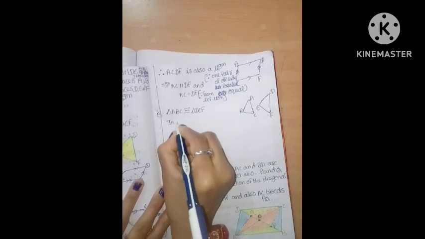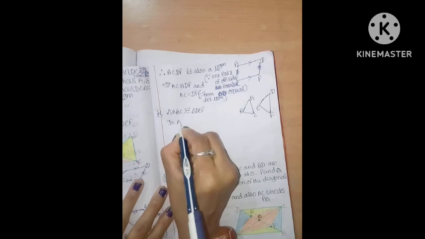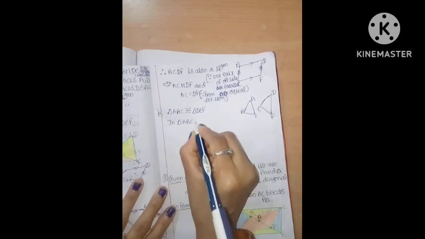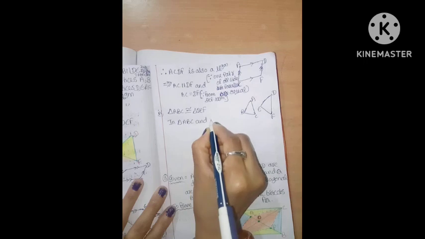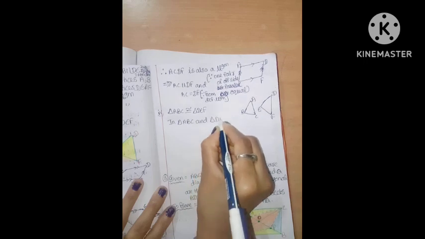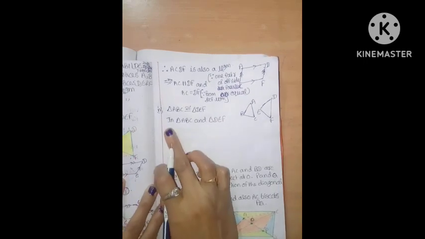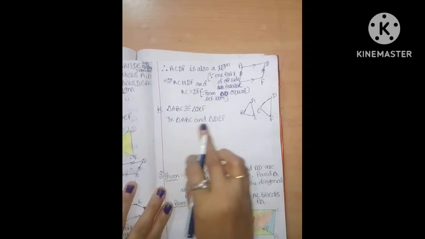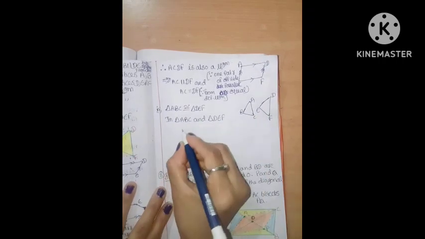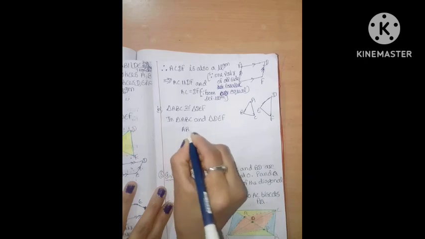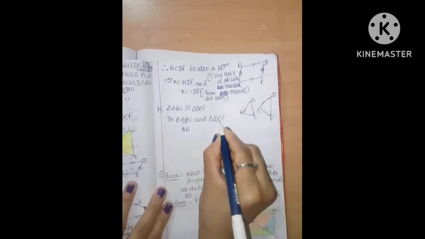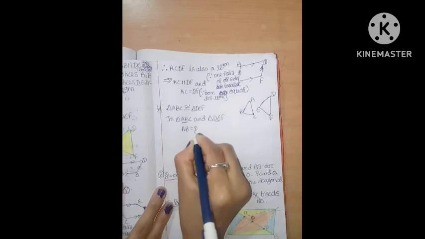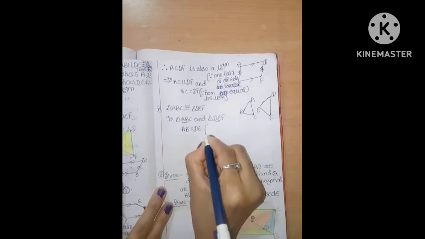In triangle ABC and triangle DEF, now take these two triangles. In these two triangles, what is given? AB is equal to DE. Why is it equal?